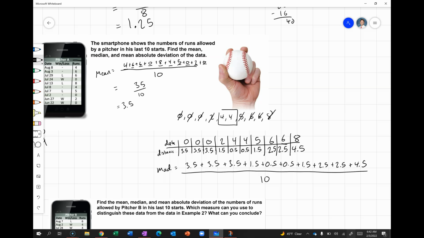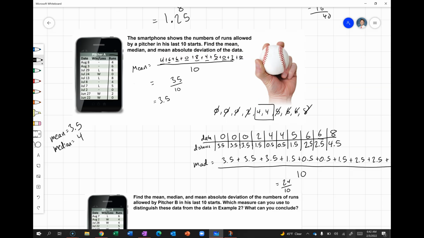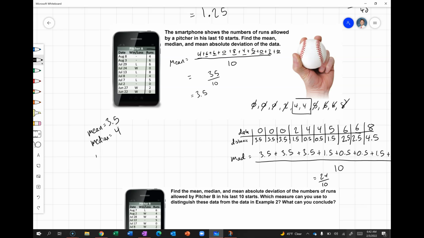So that would give us 7, 10.5, 12, 12.5, 13, 14.5, 17, 19.5, 24. So that'll be 24 divided by 10, which is 2.4. So our mean absolute deviation is 2.4.